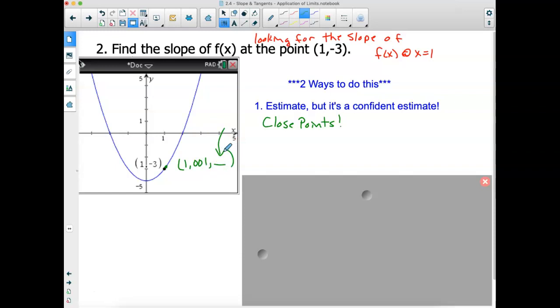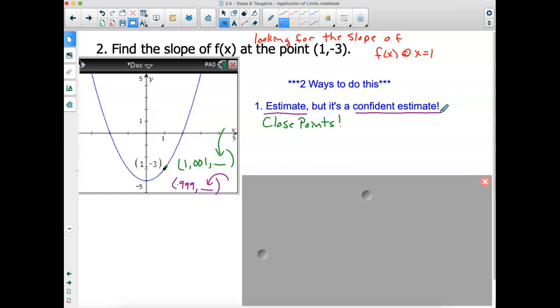Or I could have picked on the other side, really close, like 0.999 comma, let my calculator find it. I could find the slope between my green point and the black one, or the purple one and the black one. And although it's going to be an estimate, we are confident in that estimate. We know what it's going to be.